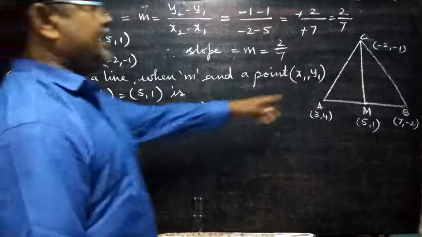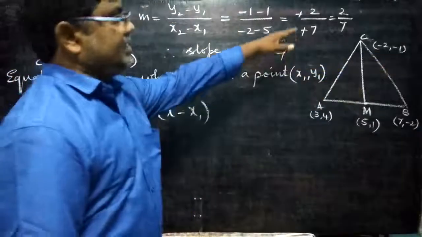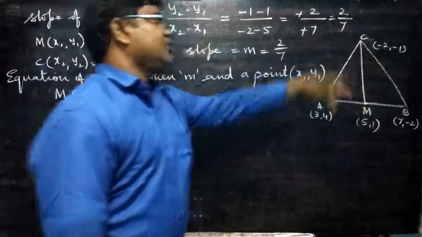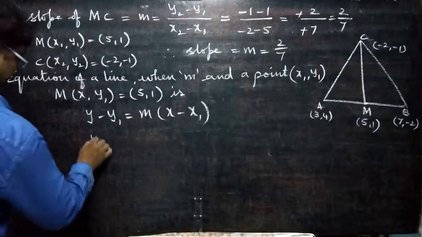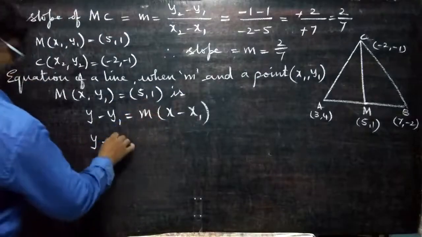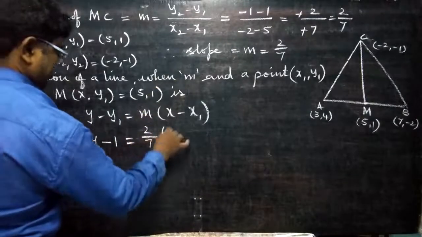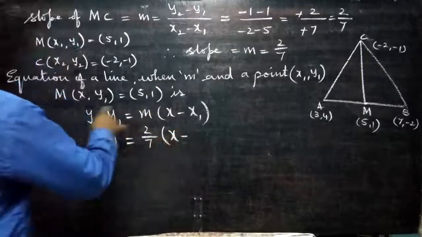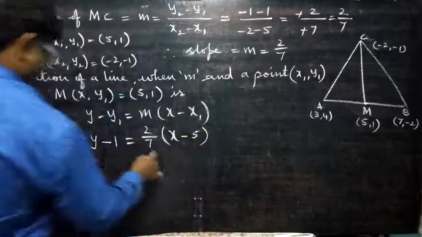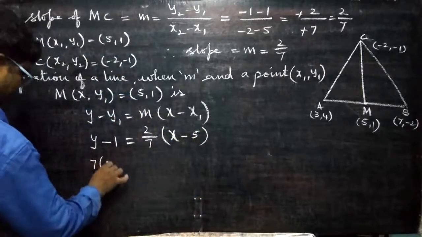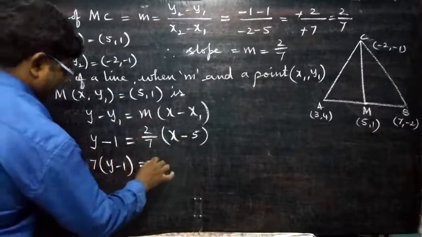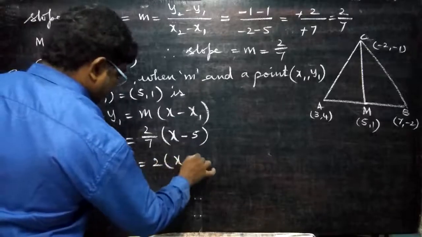If you take minus 2 comma minus 1, you can take any one of these 2 points, the same equation will come. y minus 1 is equal to m, 2 by 7, into x minus 5. Cross multiply: 7 into y minus 1 is equal to 2 into x minus 5.